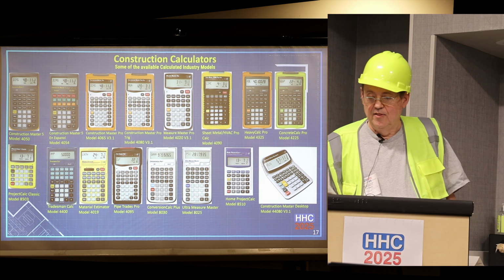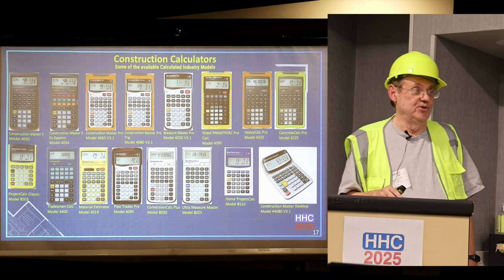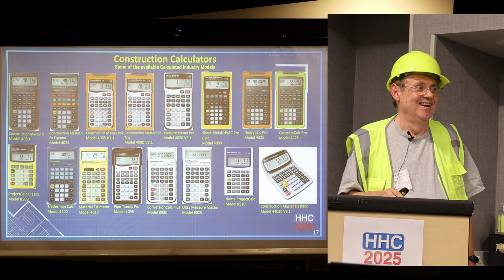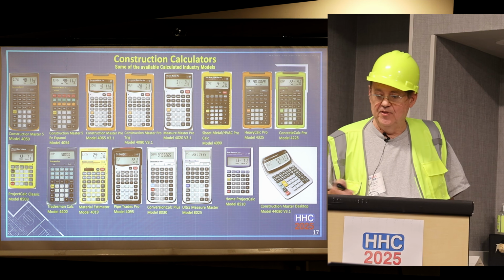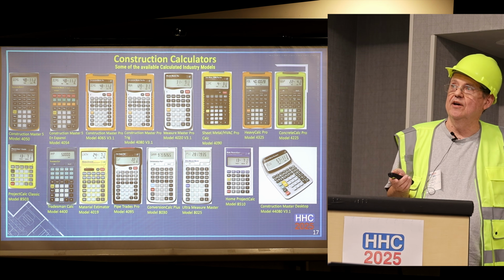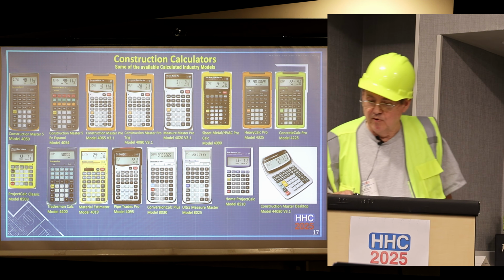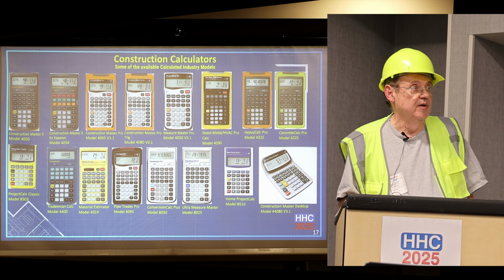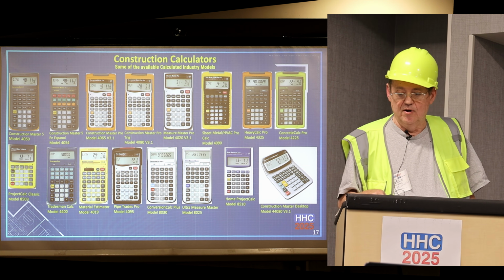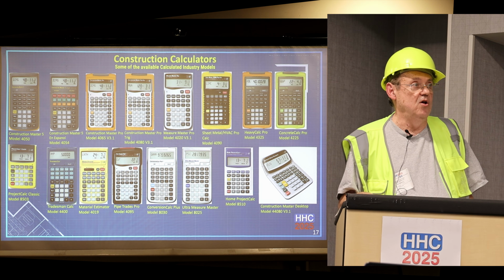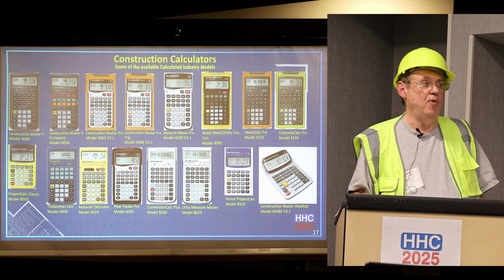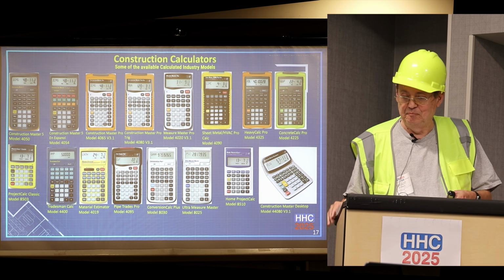Okay, this is a partial list of the construction calculators from Calculated Industries. So these units are all in production and all for sale now. Okay, this is a partial list.